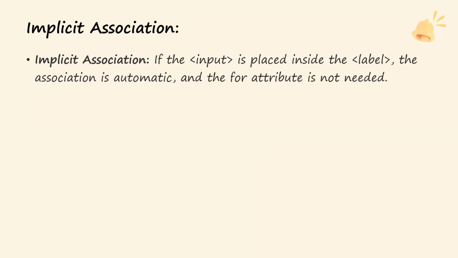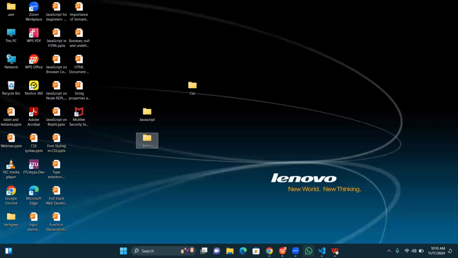Remember, for you to associate a label to an input element, you have to use the for attribute, but that is explicit. If you want to make it implicit, you put the input element inside the label element, and you don't need to use the for attribute again.